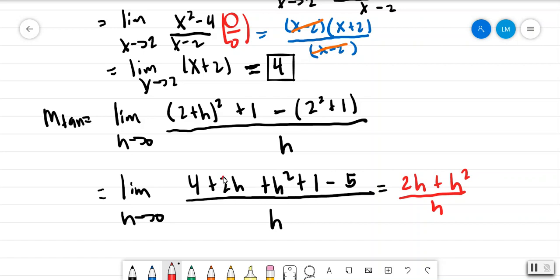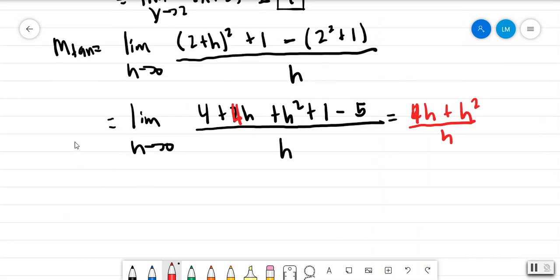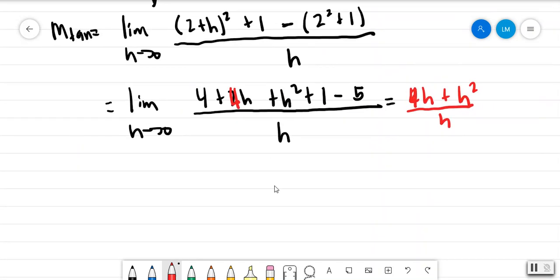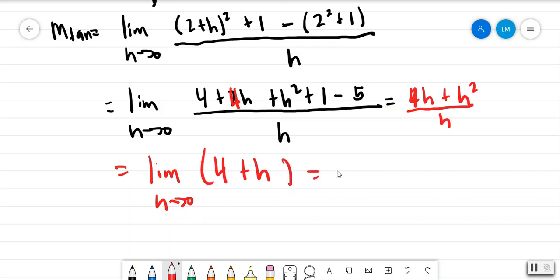This gives me the limit as h approaches 0 of 4 plus h, which, if we take the limit as h goes to 0, gives me 4.